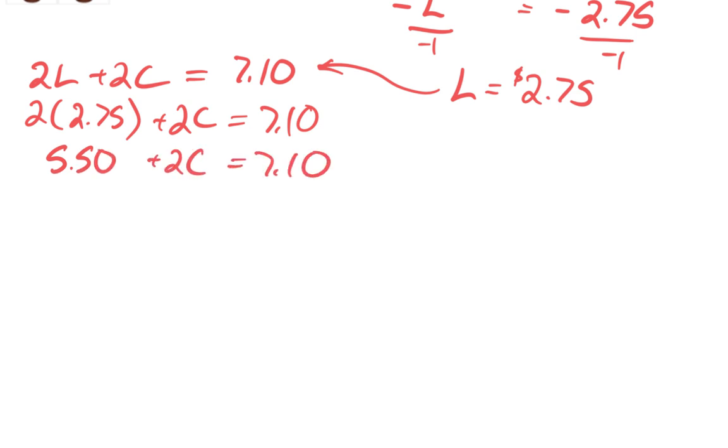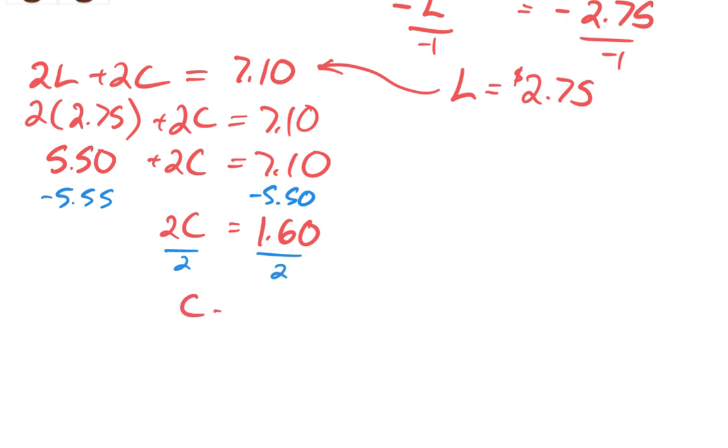Opposite operations, same thing to both sides, minus 550, minus 550. That's going to give us 2C is equal to 710 minus 550, 160. And then again, opposite operations. We're going to get C all by itself, divide by 2, divide by 2. C is 0.80. So again, our latte is $2.75. Each cookie must cost 80 cents.